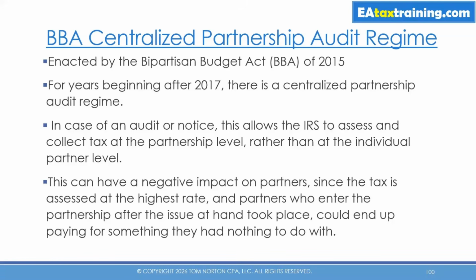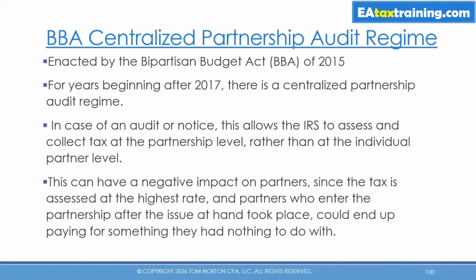As we said earlier, you can have partnerships with hundreds or even thousands of partners. So imagine the IRS goes in, they audit a partnership, and they find some problems and some adjustments. And they say, okay, the partnership owes X number of dollars as a result of this audit.